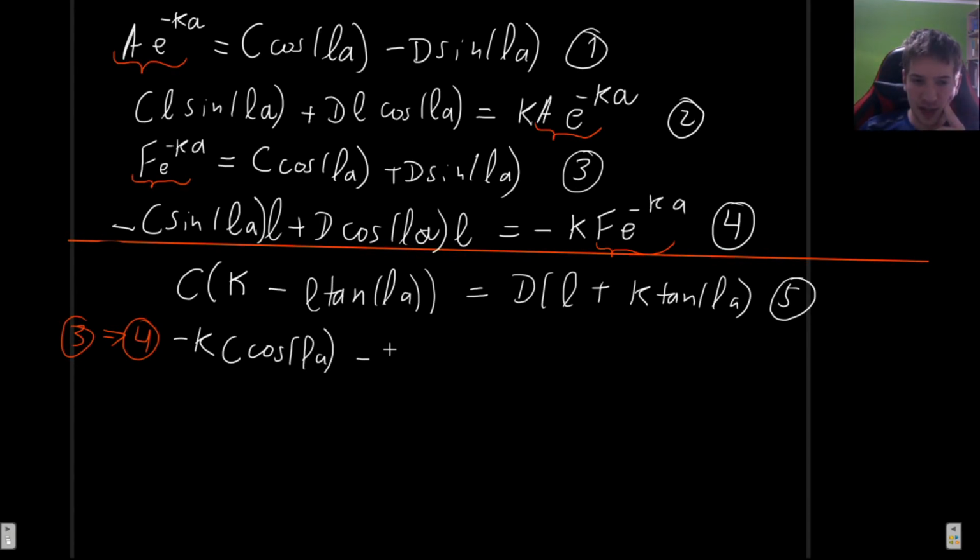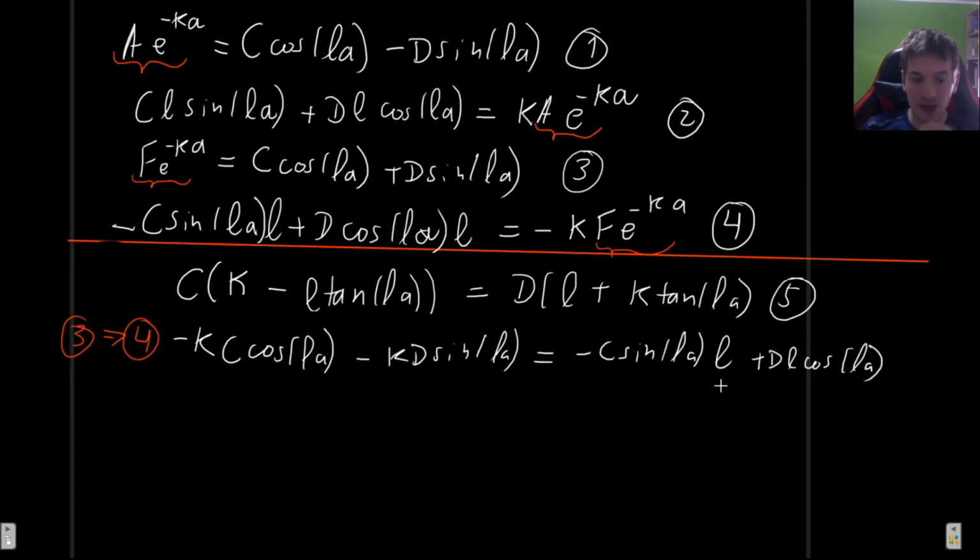Then we get minus k d sine of LA, and this has to be equal to what we already have on this left hand side, so it's going to be minus c sine of LA times L plus dl cosine of LA. So as we did before, we can now divide by cosine of LA, because that's going to really simplify this whole expression.